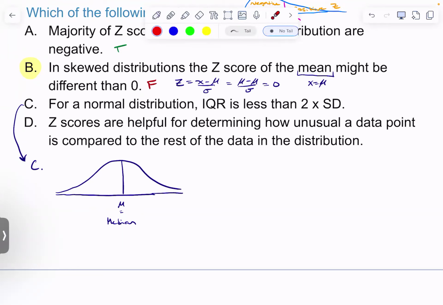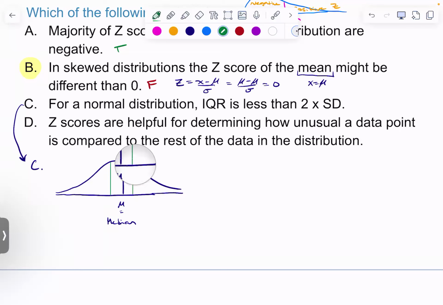The interquartile range is the distance between the third quartile and the first quartile, but just as a rule, it captures the central 50% of your data. And so here, the interquartile range, let's tighten it up here.